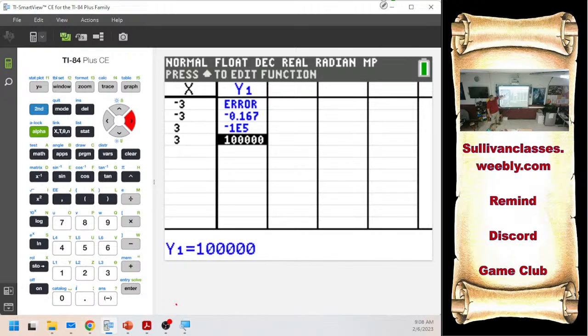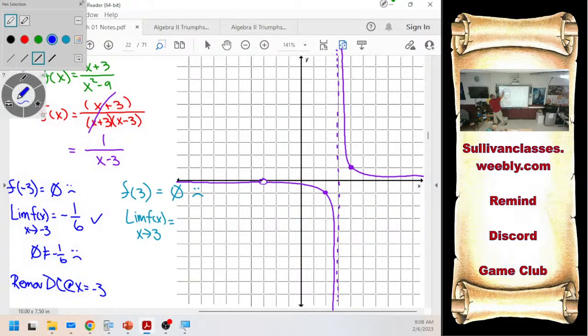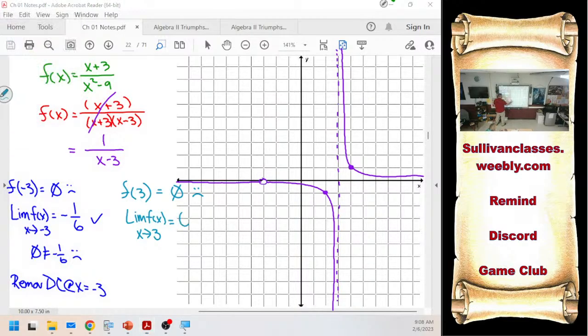And I see one of them is headed up to infinity, the other one is headed down to negative infinity. Those are not the same place. The limit does not exist. And if you saw the graph, you would just know that, because look at them. So I say the limit doesn't exist.